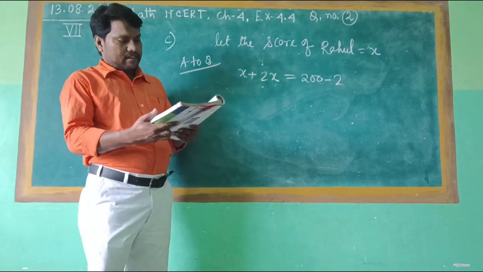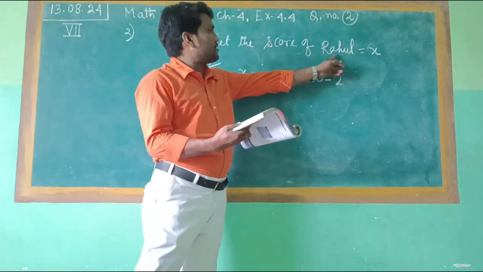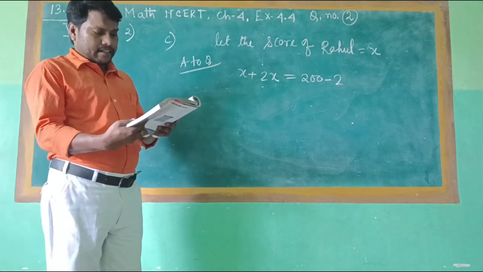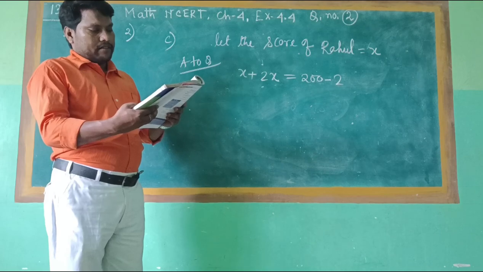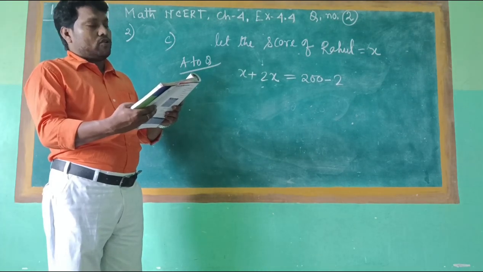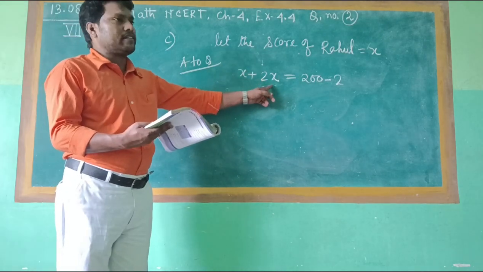I am reading again. Sachin scored twice as many runs as Rahul. Let the score of Rahul be x. Sachin scored twice as many as Rahul. So Rahul x, Sachin 2x.